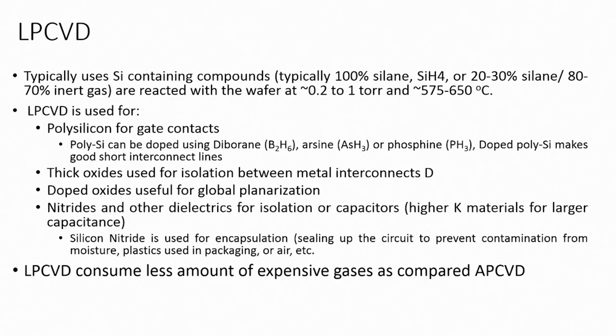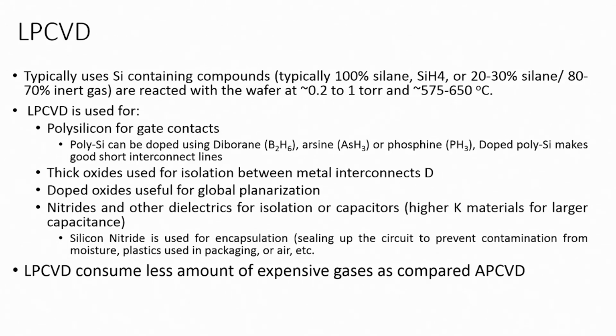So, when you talk about LPCVD, it typically uses silicon containing compounds, typically 100% silane, SiH4, or 20-30% silane and 80-70% inert gas, which are reacted with the wafer at 0.2 to 1 torr and about 575 to 650 degrees centigrade, right. LPCVD is used for polysilicon for gate contacts.